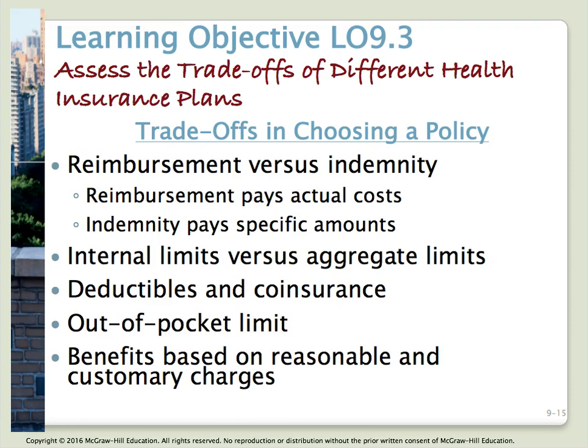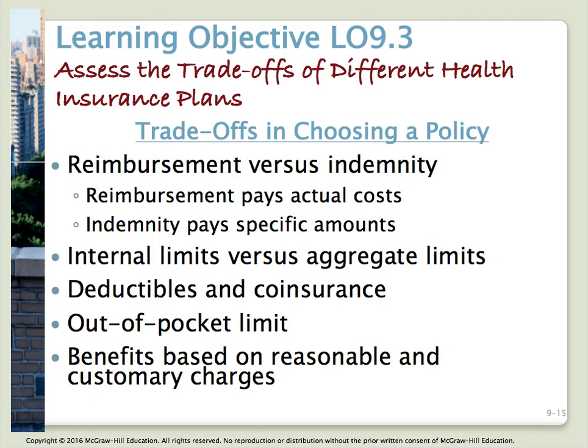Some policies limit the out-of-pocket expense that you have. After you reach that limit with the deductibles and the co-insurance that you pay out, then the policy pays 100% of any additional costs.